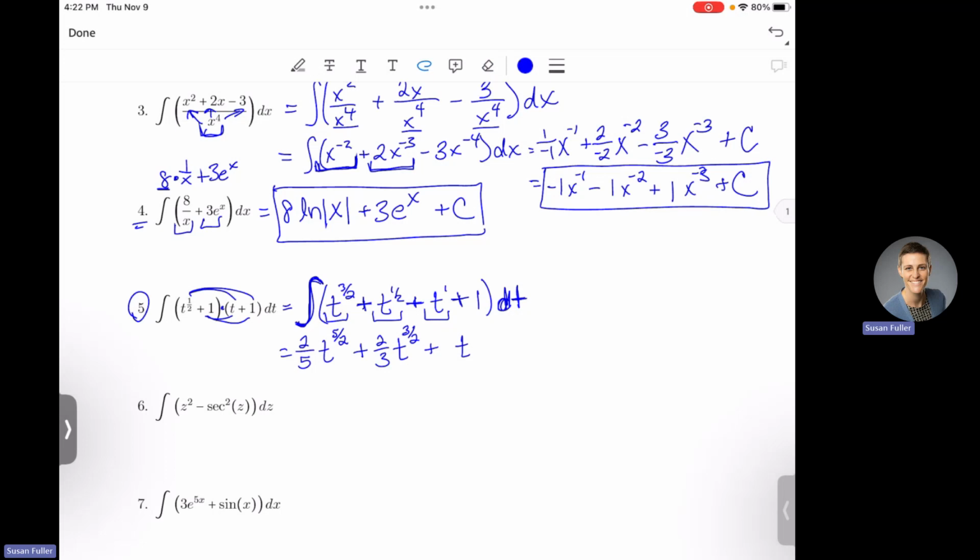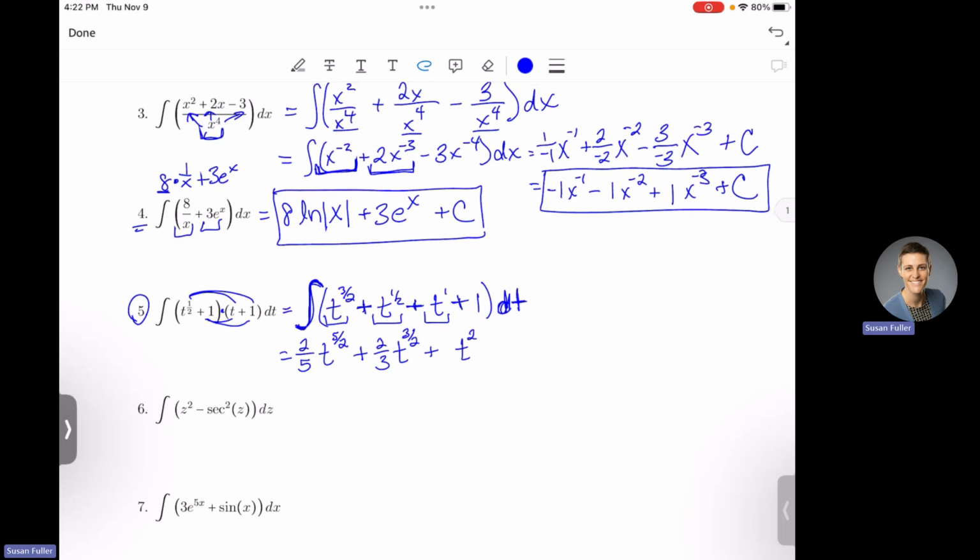So when I add 1, I get t to the second power. And I'm going to divide by my new exponent, which is 2. And I'm going to then take the antiderivative of 1, which is just my variable, which is t. And we're finding an antiderivative, so don't forget your plus c.